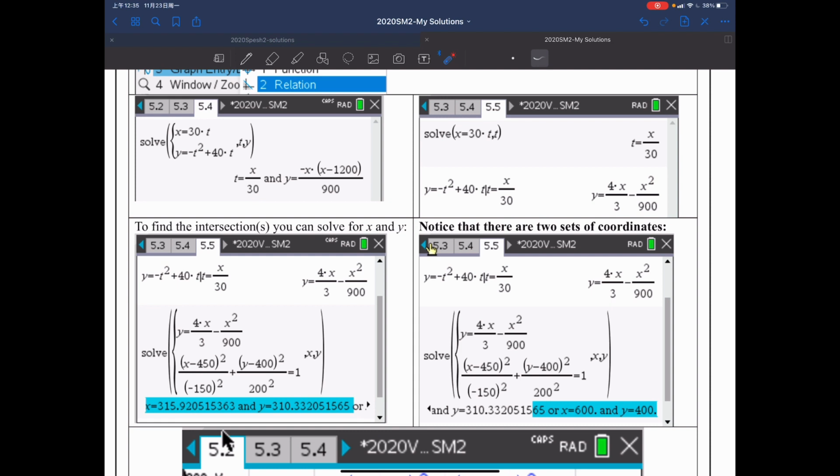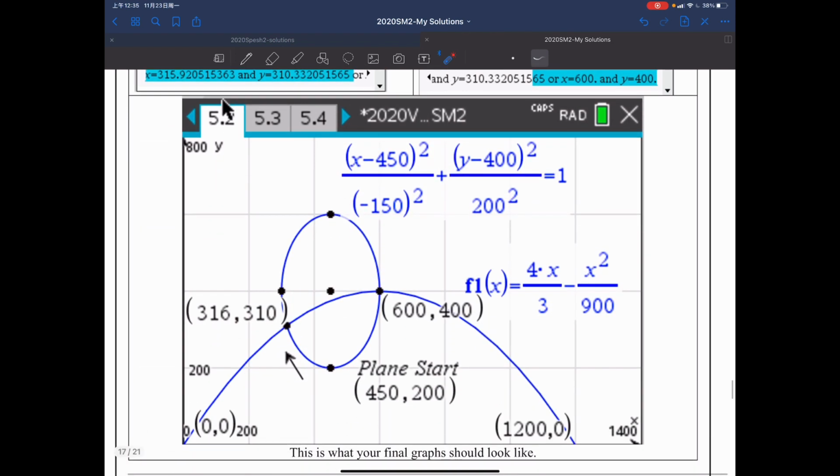And the y is 310. Roughly here and here. 600, 400, exactly. The turning point. And finally, you better label 0, 0 and 1200, 0. Starting from here, ended here. In that direction, okay?